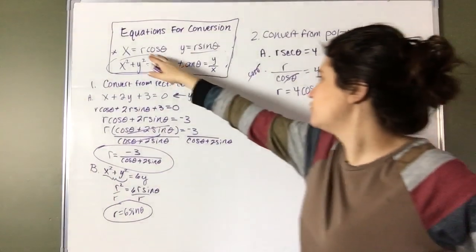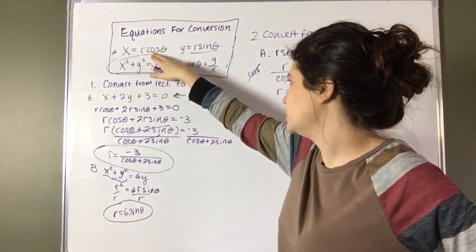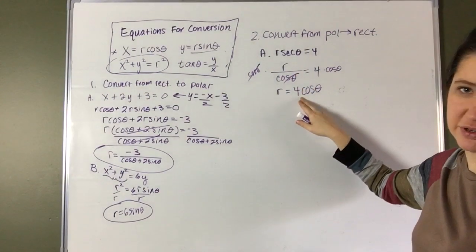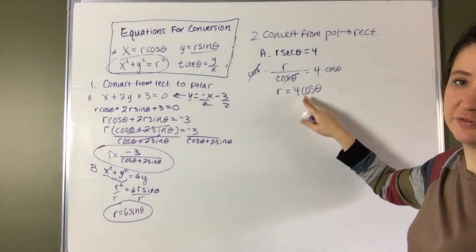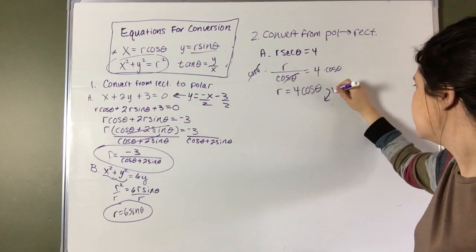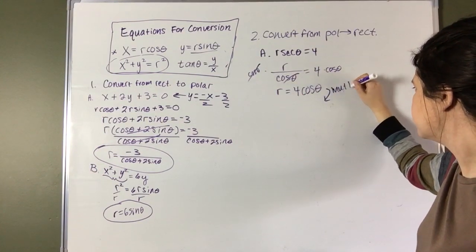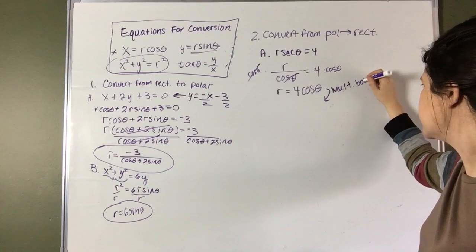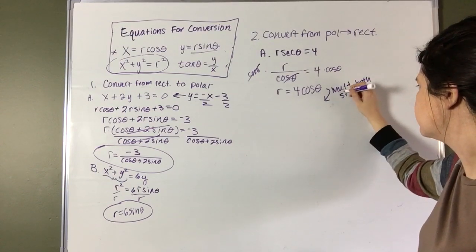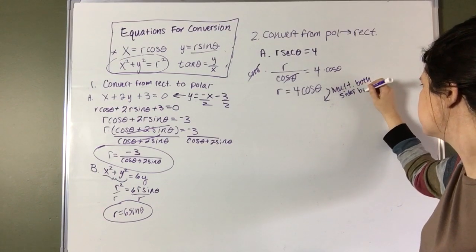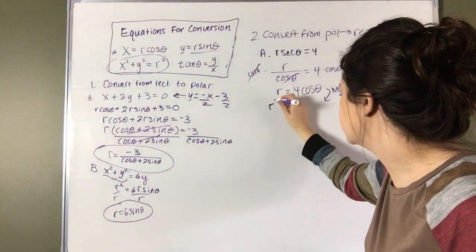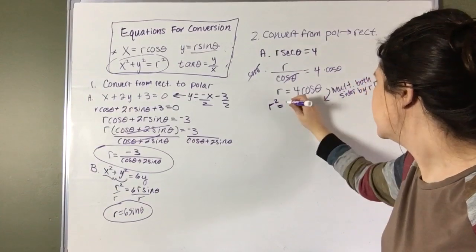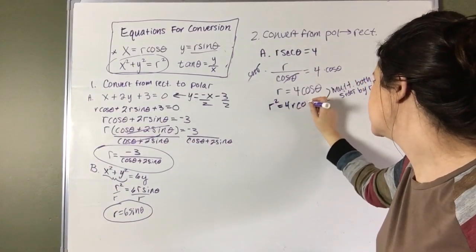In order to use this formula, though, it needs to be r cosine, but we don't have an r in front of the cosine. So what we're going to do is force it to have an r in front of the cosine by multiplying by r. So multiply both sides by r. If we do that, r times r gives us r squared equals, and then we'll have 4r cos theta.